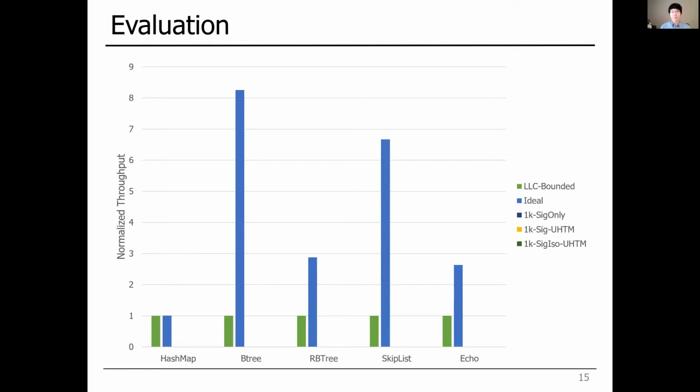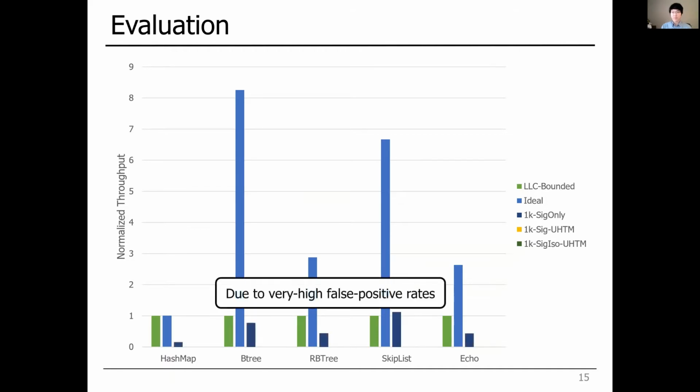In benchmarks such as B+tree, RB-tree, and skip list, the ideal HTM shows substantially higher throughput than the baseline, showing 8.2x throughput in B+tree. On the other hand, the signature-only HTM even shows lower throughput than the baseline.